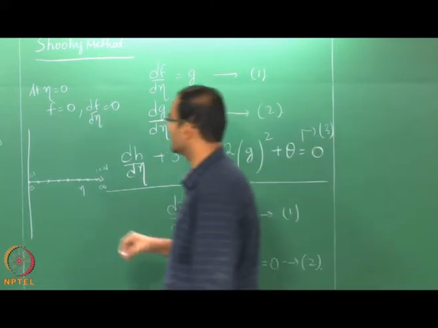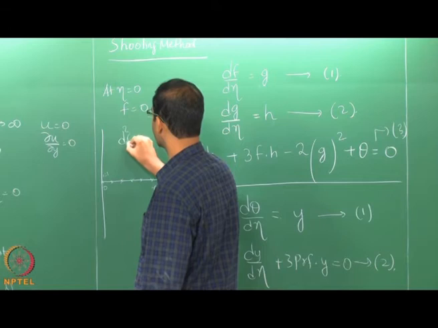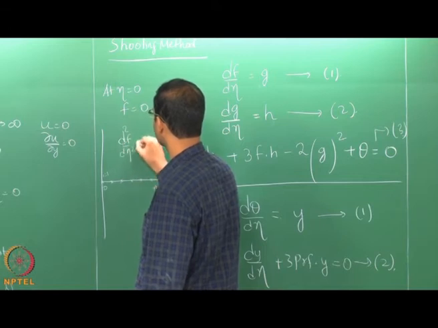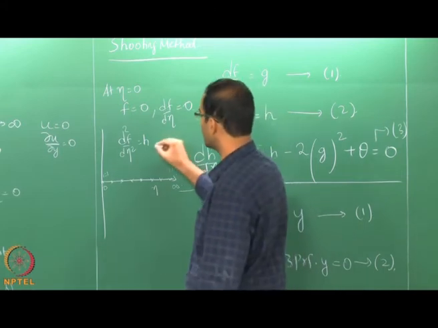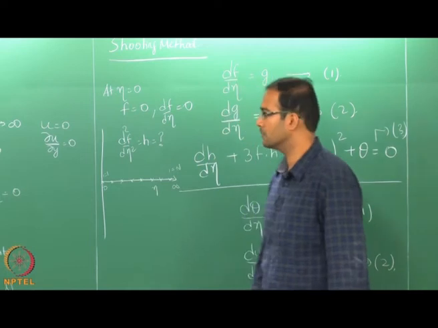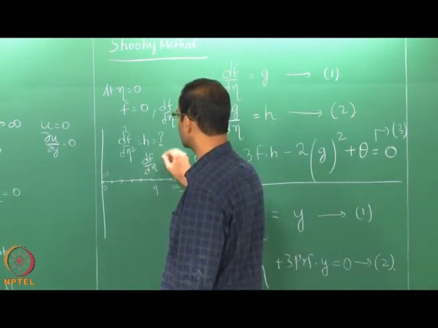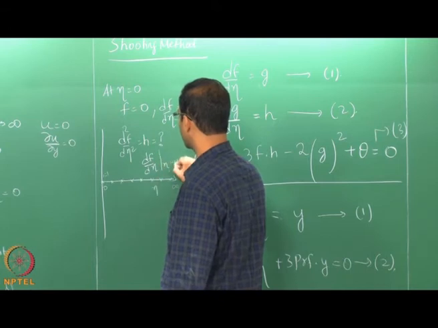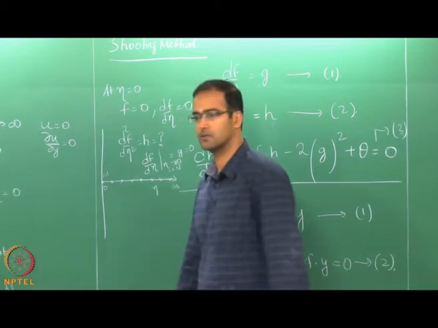So, the boundary condition for d square f by d eta square, which is nothing but h, at eta equal to 0 is unknown, but what we know is df by d eta at eta going to infinity, that is, we know the boundary condition for g, which is equal to 0.